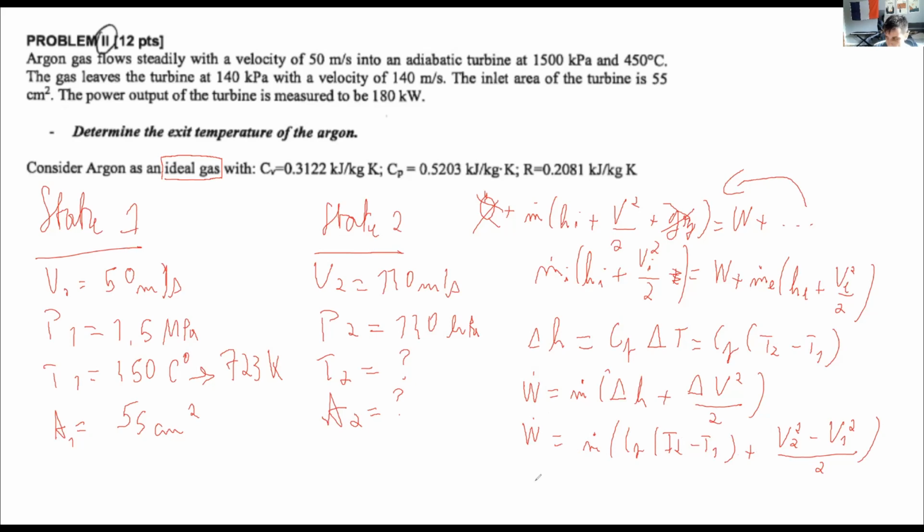Then you plug in all the values: 2.742, Cp 0.5203, T2 is the one we're trying to find, minus T1, which was 723 Kelvin, plus 140 squared minus, what was it, 50 squared.